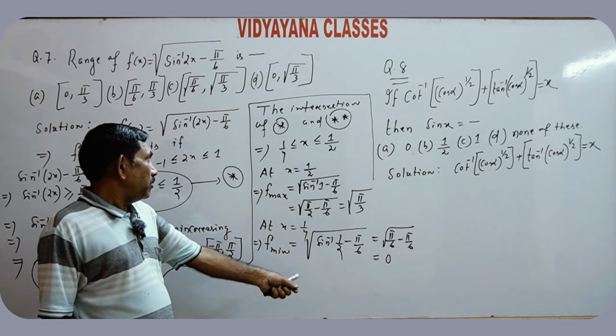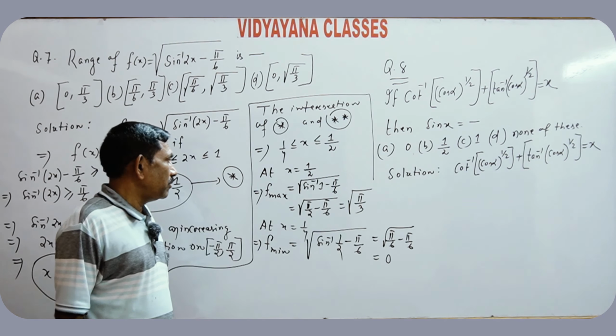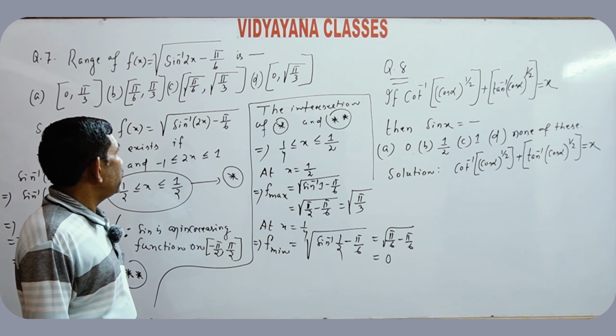The minimum value is 0 and the maximum value is the square root of pi by 3.